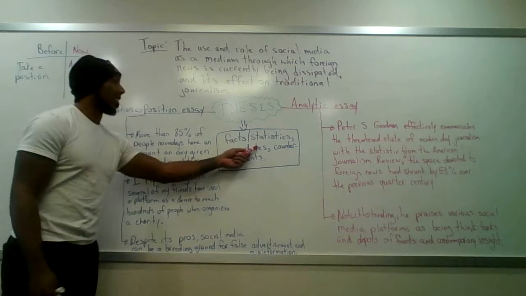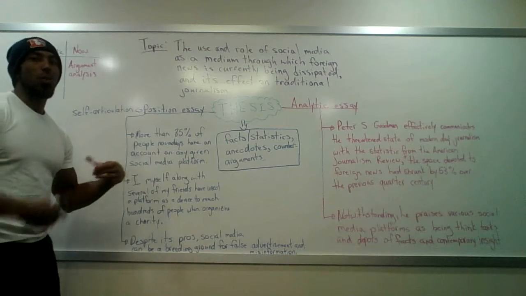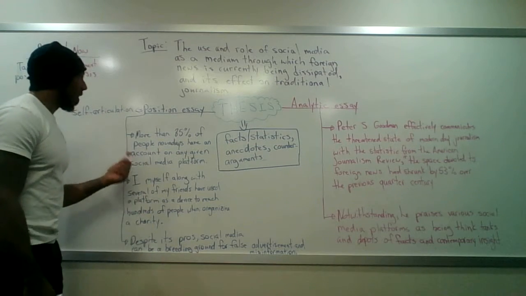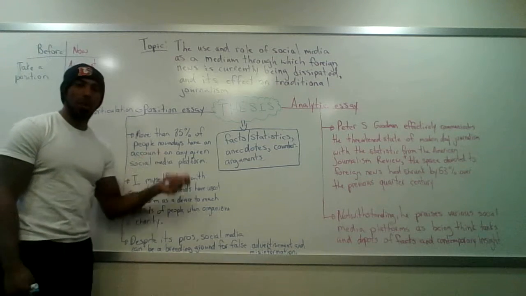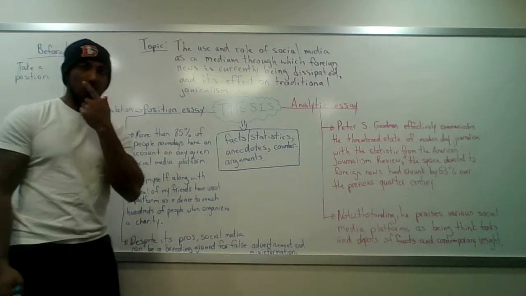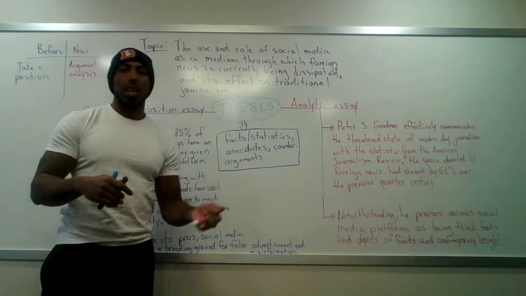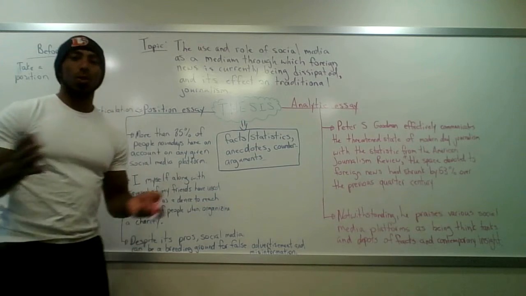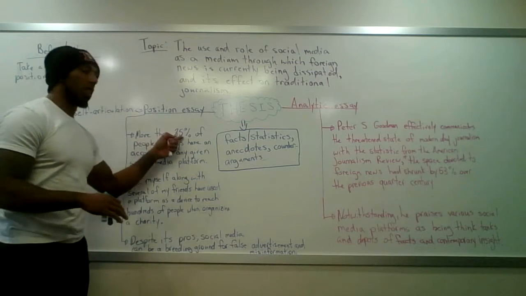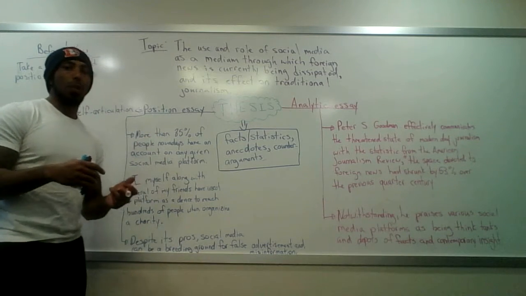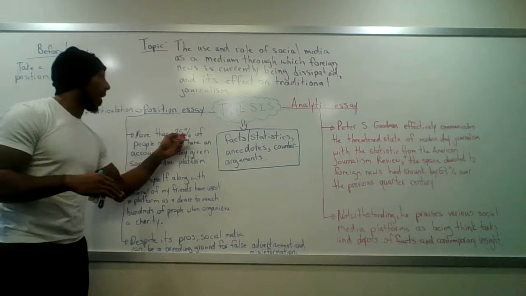So facts and statistics for a position essay, you might say something like this, okay? More than 85% of people nowadays have an account on any given social media platform, right? That could be anything from YouTube, Facebook, Instagram, Snapchat. All of those are social media platforms, right? And this is just a percentage of current day people that, and actually I'm not sure if this is right.